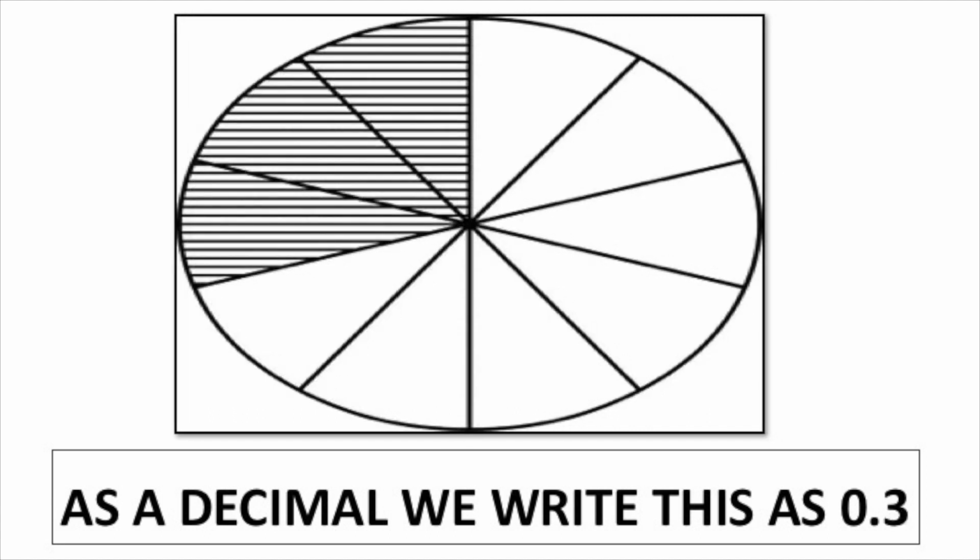As a decimal, we write this as 0.3. How many parts of our circle are coloured? 3. So this time it's 0.3. 0.2, 2 parts coloured. 0.3, 3 parts coloured. So understand the relationship between a fraction and the decimal. We just write it and display it in a different way.